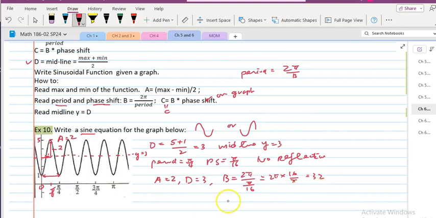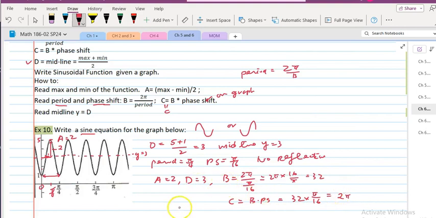And C is B times the phase shift, equal to 32 times our phase shift, which is pi over 16. We figure that it is half of this loop. Yeah, this is half of pi over 4, which is pi over 8. Half of pi over 8 is pi over 16. So B times the phase shift would equal 2 pi.